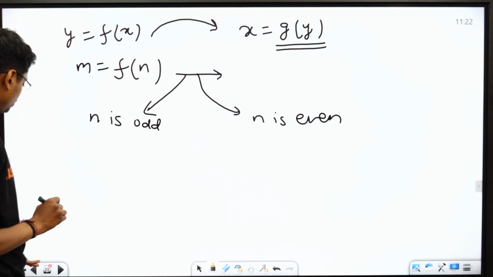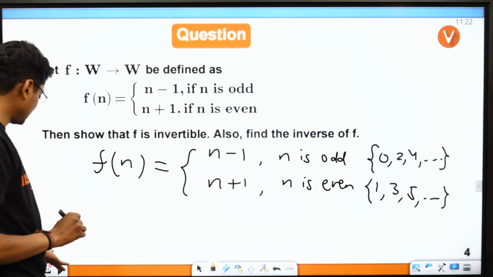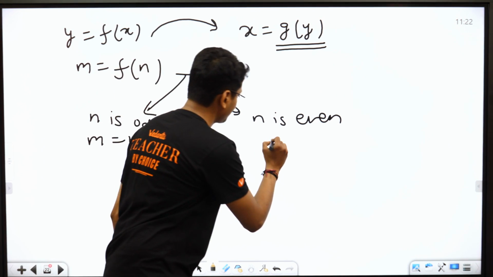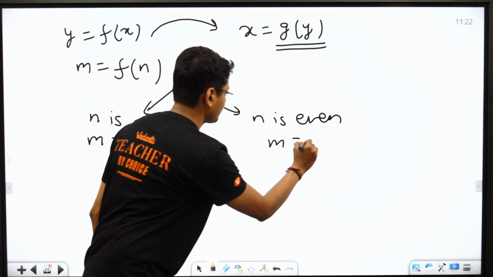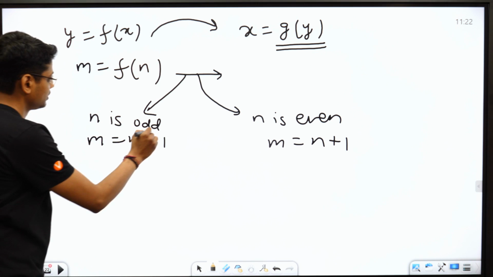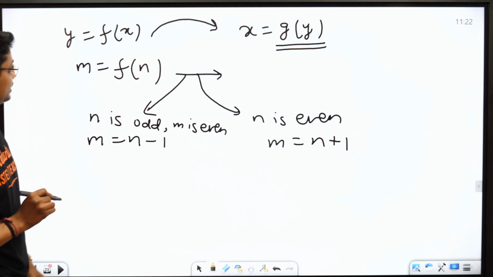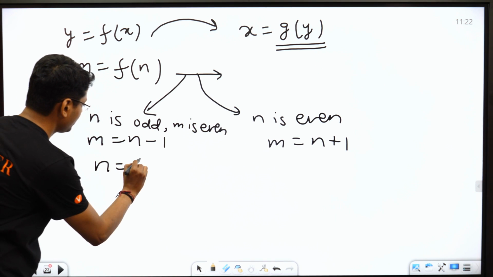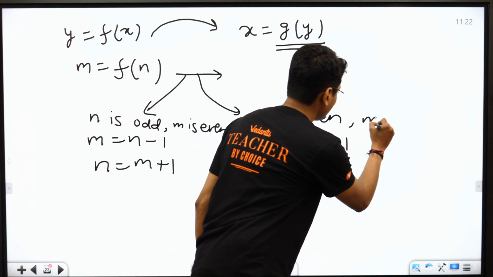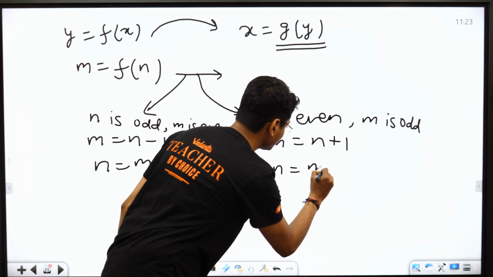When n is odd, f(n) is n minus 1, and when n is even, f(n) is n plus 1. So when n is odd, m is even, so n is equal to m plus 1. And when n is even, m is odd, because m equals n plus 1, so n equals m minus 1.